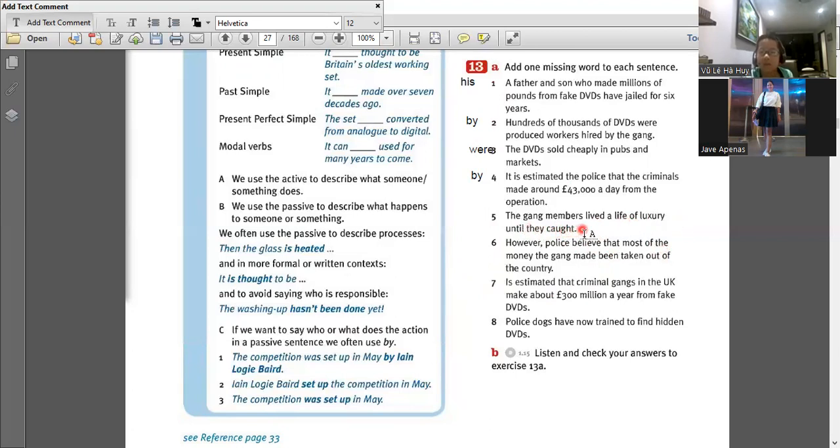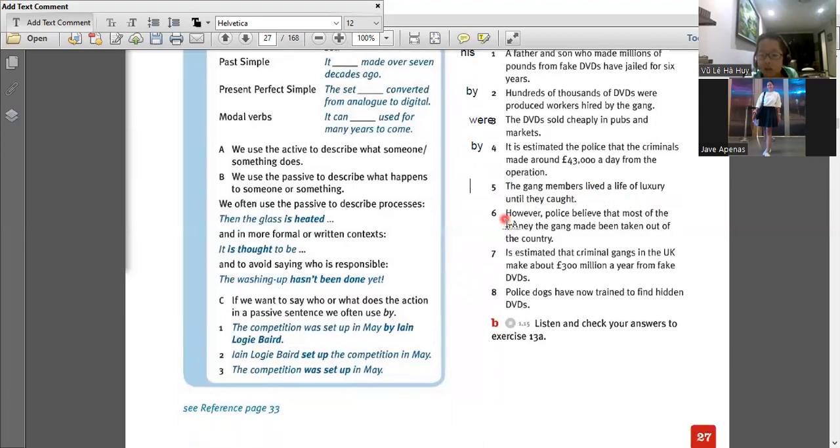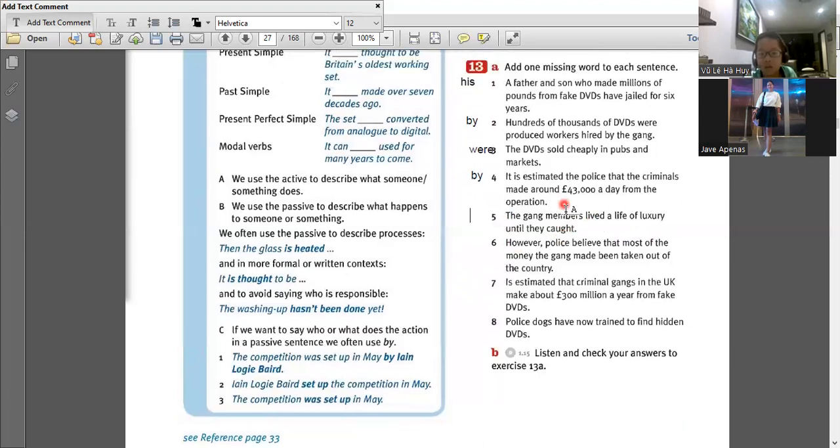So the gang members lived for a life of luxury. It can be, but it's not what we're looking for. Right now, we're looking for the passive and the active verbs. So it should be: the gang members have lived a life of luxury until they were caught. Okay, next, 6.